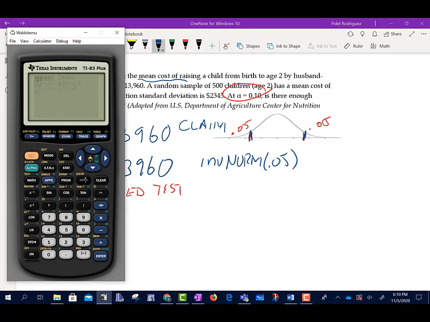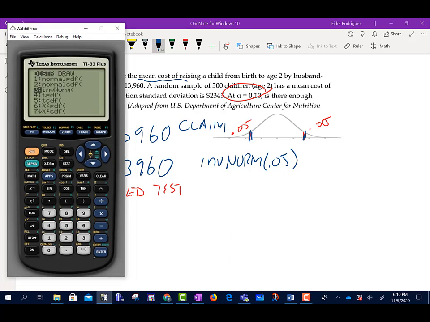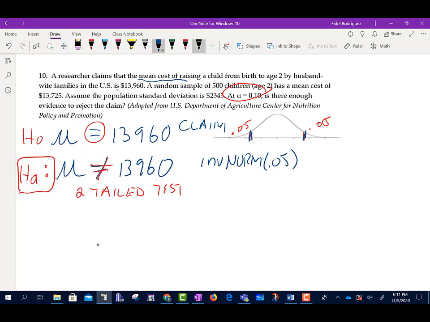We're going to go second vars, inverse norm of 0.05. Close it off, hit equals. And I'm coming up with a negative 1.64. So the two critical values we have are negative 1.64 and positive 1.64. Again, just to give you a heads up, these are my rejection regions, and this is my fail to reject region. Now I'm going to keep reading the problem.